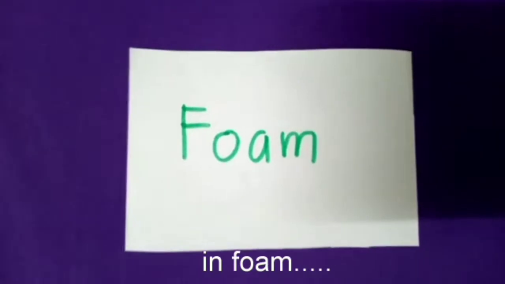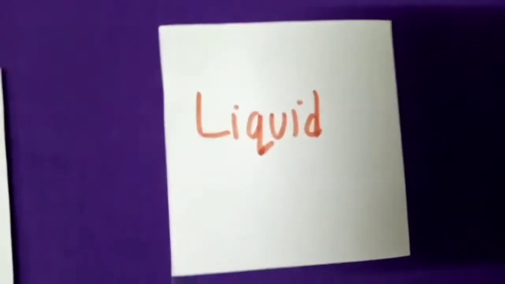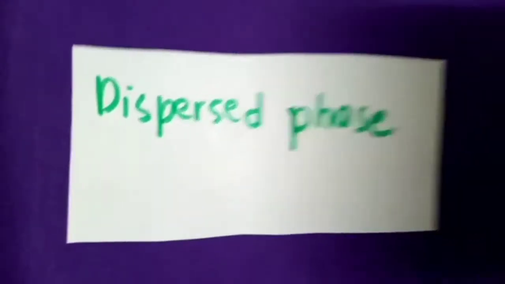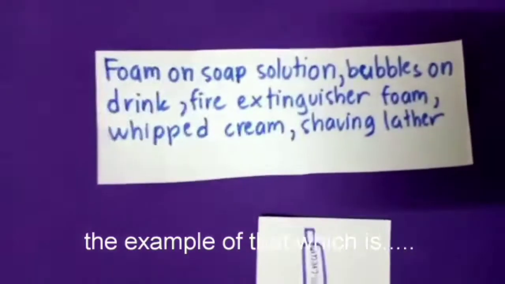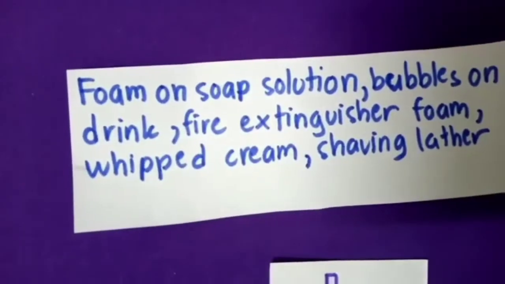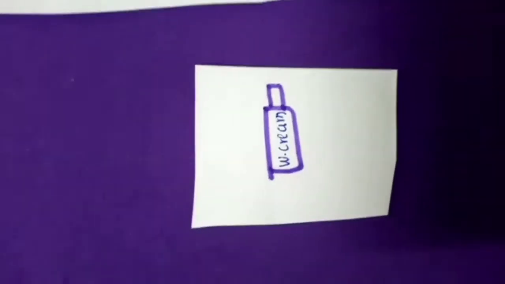In foam, the dispersion medium is liquid and the dispersed phase is gas. Examples are foam or soap solution, bubbles on a drink, aspiration foam, whipped cream, and shaving foam. This is whipped cream.